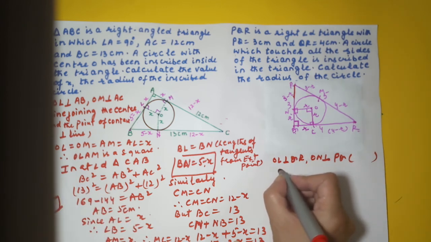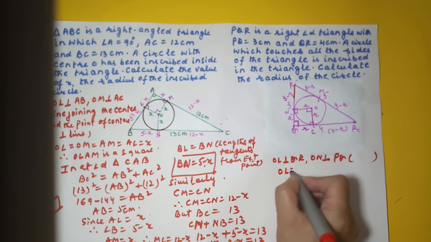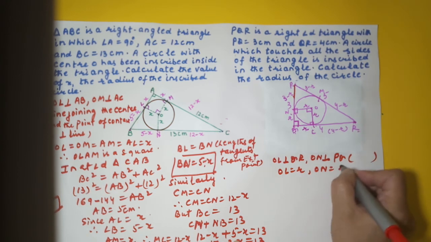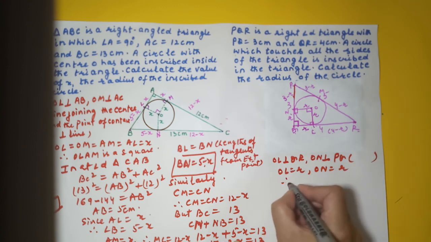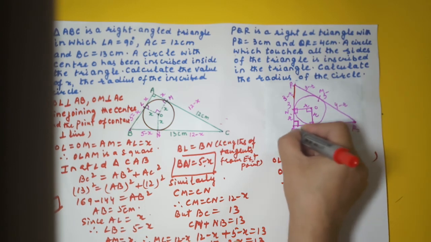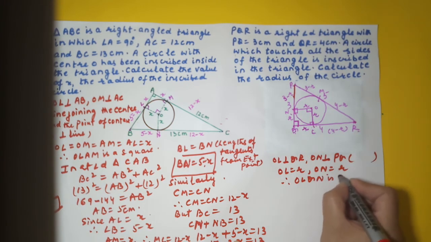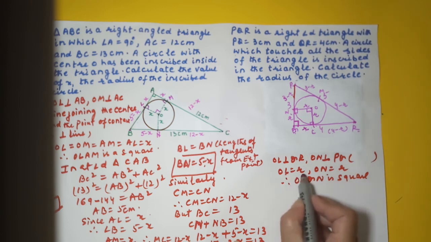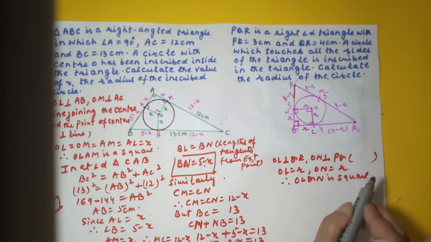Now, you can say that OL is equal to R and ON is also R. Therefore, OLQN is a square. It's a square. Actually, you have to write this first, because OLQN is a square. That's how OL equal to R and ON equal to R.